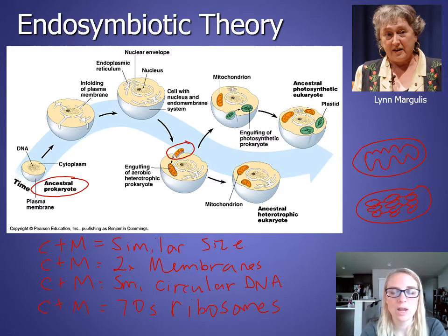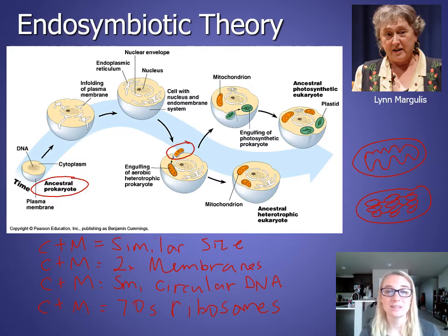Now, we haven't talked about what a heterotroph is, but a heterotroph is an organism that consumes nutrients to burn energy. As opposed to an autotroph, which is like plants, they use the sun's energy to make food and burn. So the idea goes that these ancient primordial cells engulfed their neighbors, in this case, a heterotrophic bacteria, but instead of breaking it down and eating it, it was like, hey, I'll let you stay inside of my cell if you give me some of your energy.